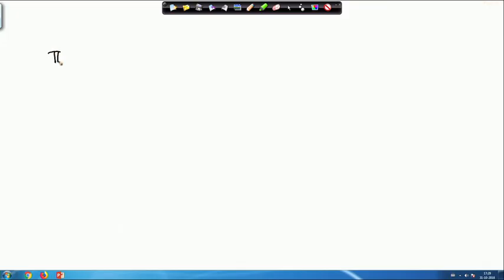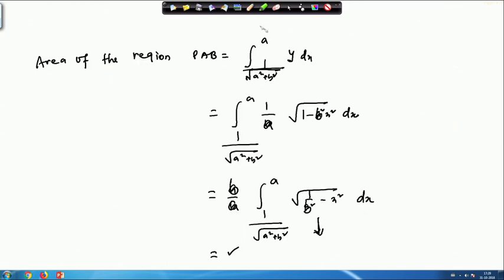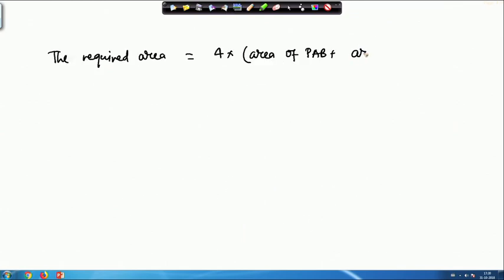So the required area would be 4 times area of PAB plus area of OPBC, and that will give us actually 4 times. So this will come out to be 1 by AB tan inverse A by B.